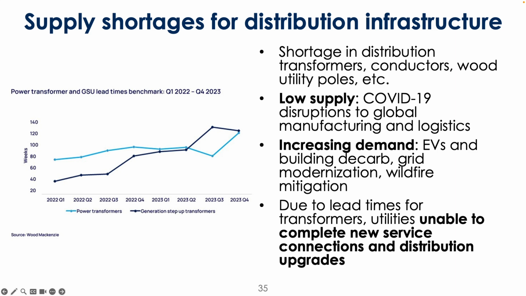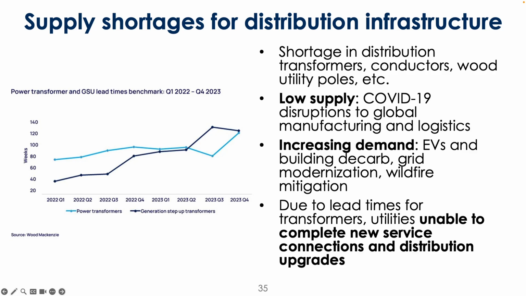At the same time, we saw a pretty big increase in demand: electric vehicles, data centers, grid modernization, wildfire mitigation, all happening at the same time against this backdrop of supply shortages. Costs were skyrocketing, and you also have big lead times to install some of this stuff, going all the way up to 120 weeks, so you might have to wait 2 years for a service upgrade.